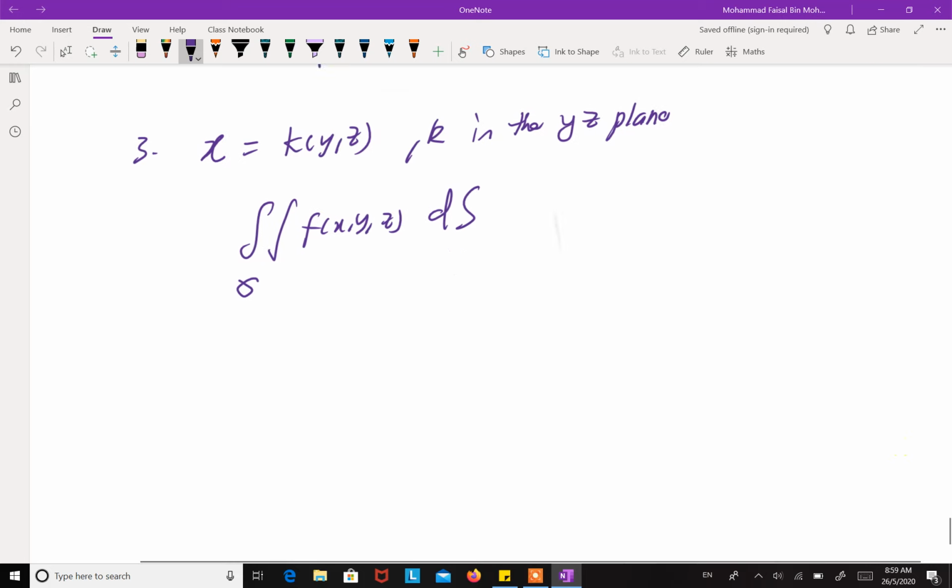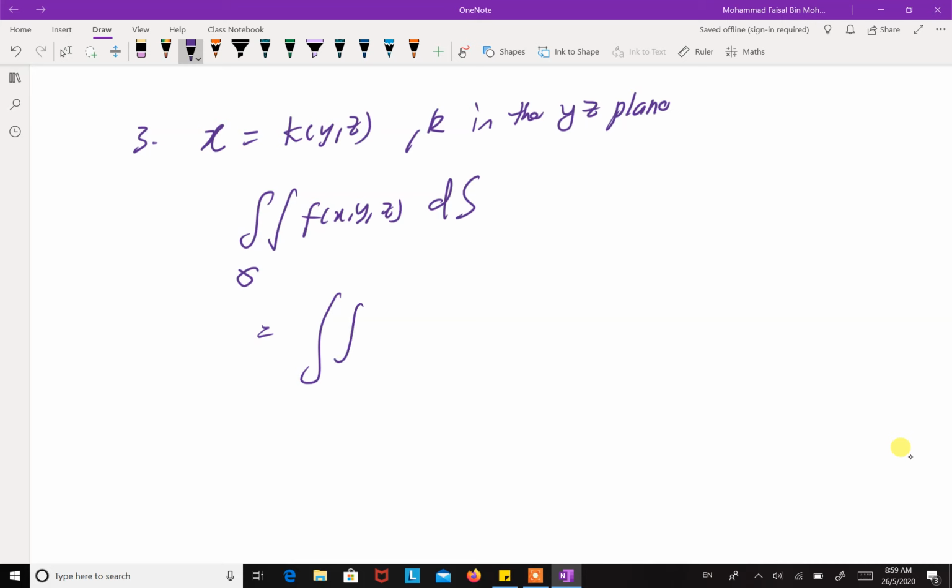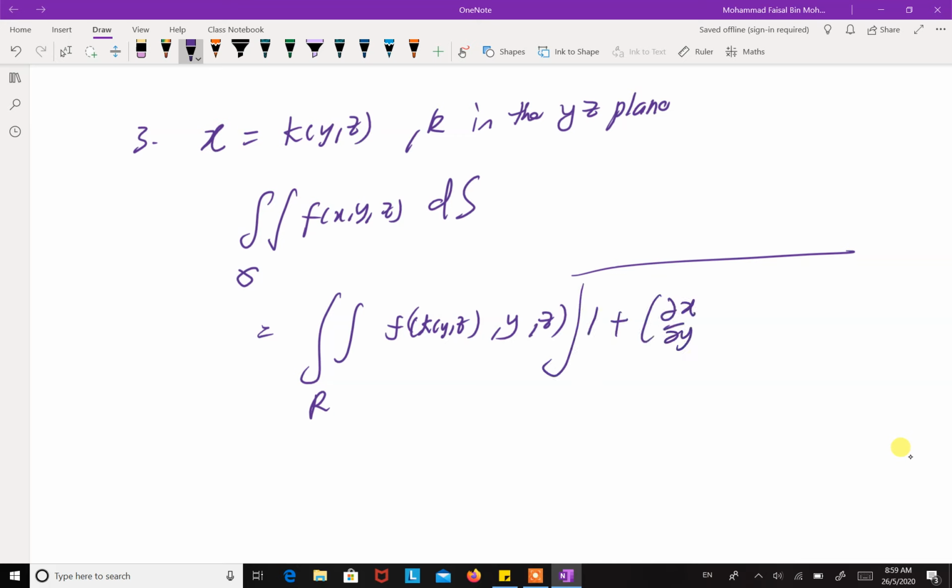Then dS will be the integration over R, where your f is a function of y and z only, times the square root of 1 plus (del x over del y) squared plus (del x over del z) squared, and dA.